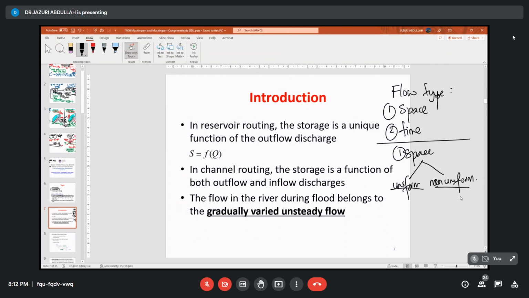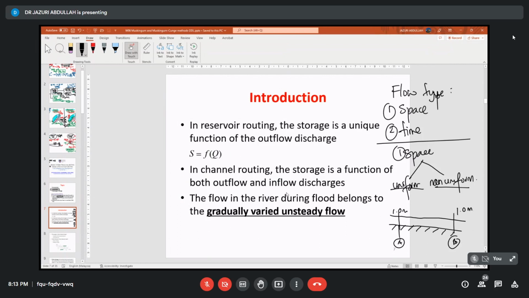So kalau uniform, basically throughout the section of the river, you akan dapat same height. Okay, let's say this is 1 meter at point A, and this is point B, and you akan dapat 1.0 meter as well, the water depth.